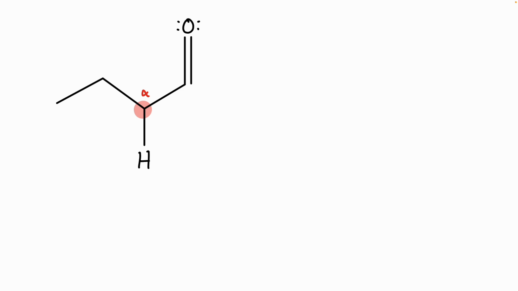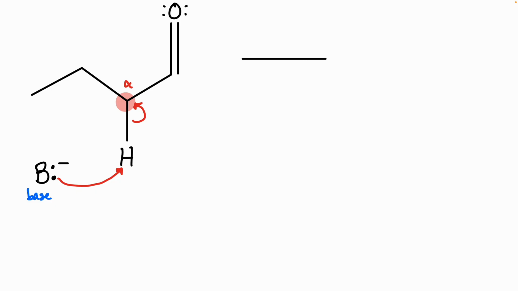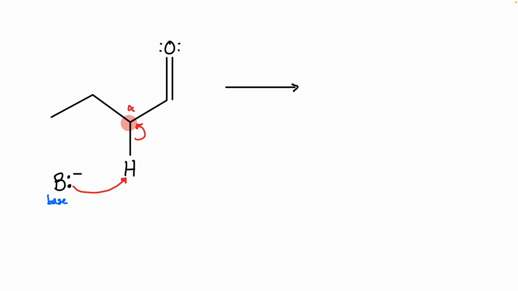If we had some base, I'm just going to use generic B for right now. That base can take that proton off. Importantly, then that pair of electrons is going to jump onto that carbon atom. All right, creating what we called an enolate ion.